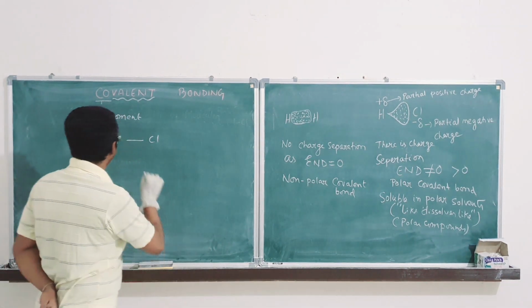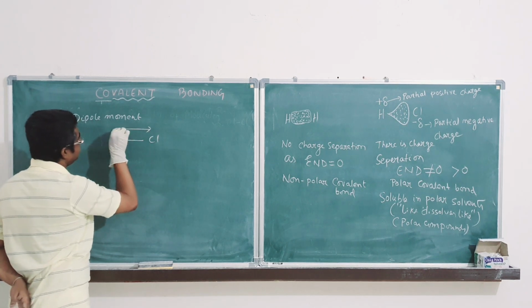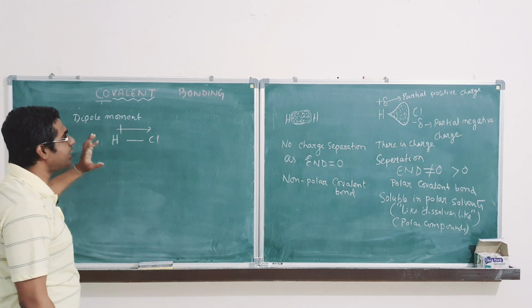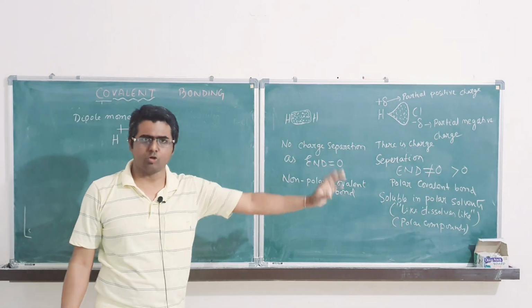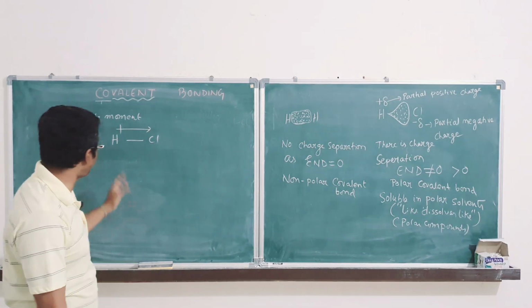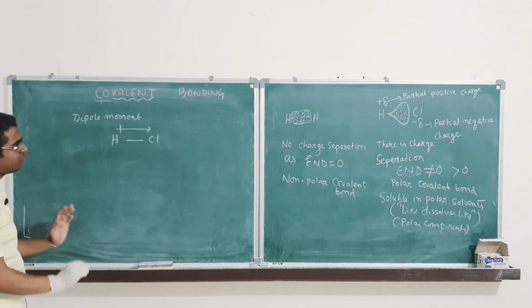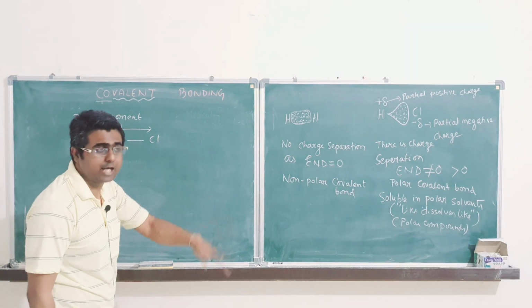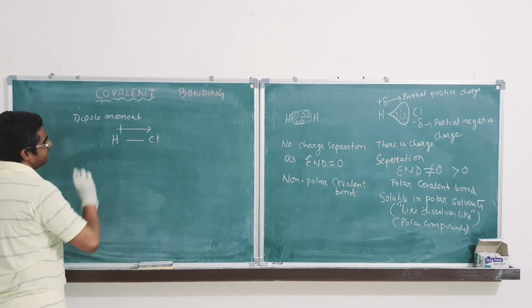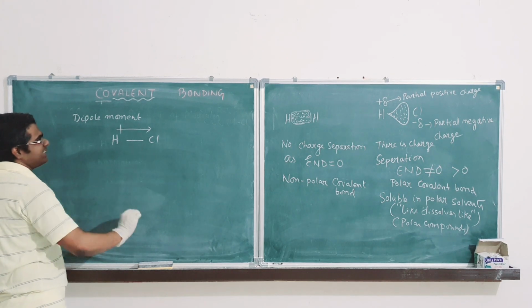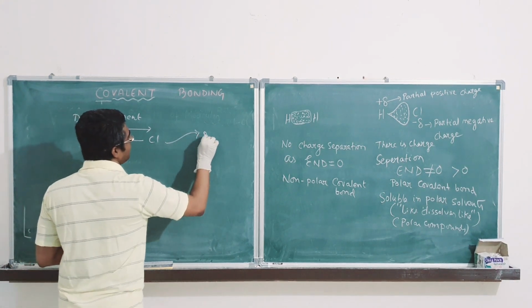So dipole moment is shown like this, which shows that the electronic charge has moved towards the chlorine, the more electronegative atom. Clear? So this is how it is shown. This compound, where you can see the dipole moment is on one side, is a polar covalent compound.